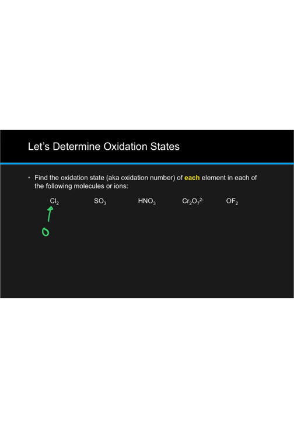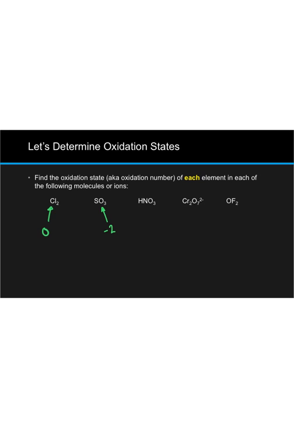In sulfur trioxide, though, in contrast, we have a neutral molecule with different elements, sulfur and oxygen. The most electronegative element tends to get its preferred oxidation state. Oxygen is the most electronegative element in this compound. It gets its preferred oxidation state, which is the same as the charge it would form as an anion, 2-.